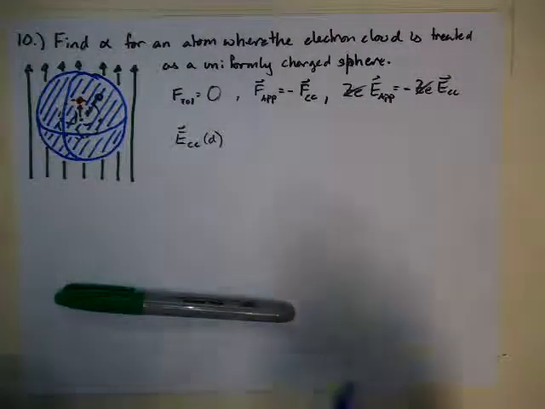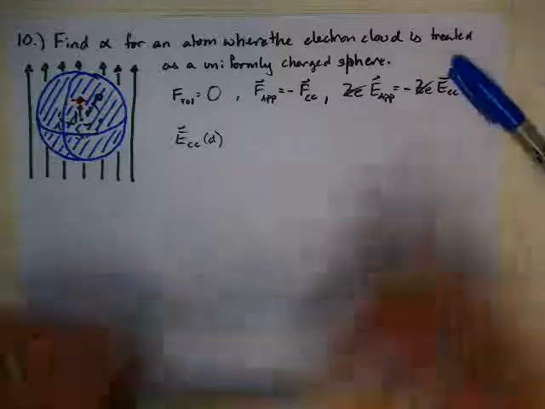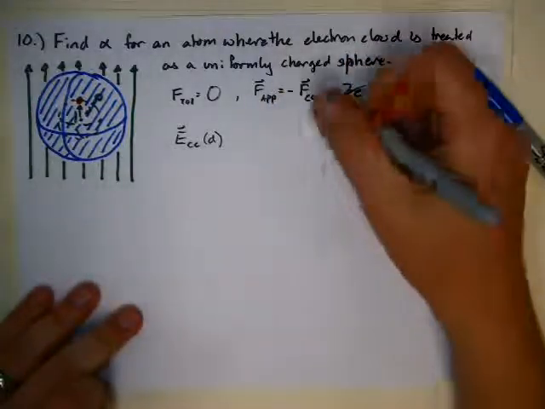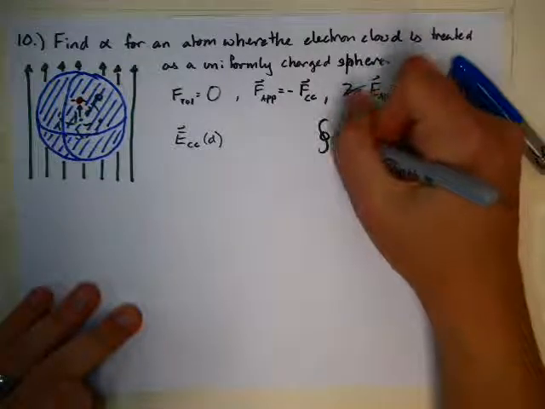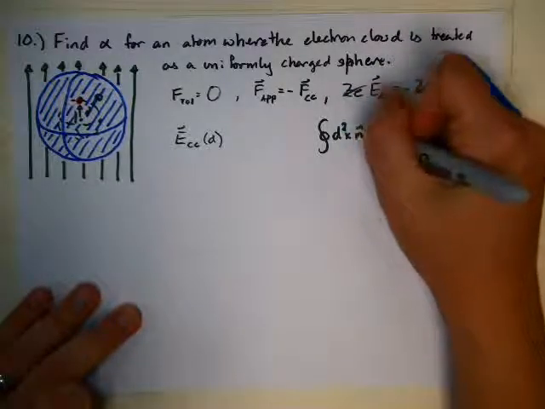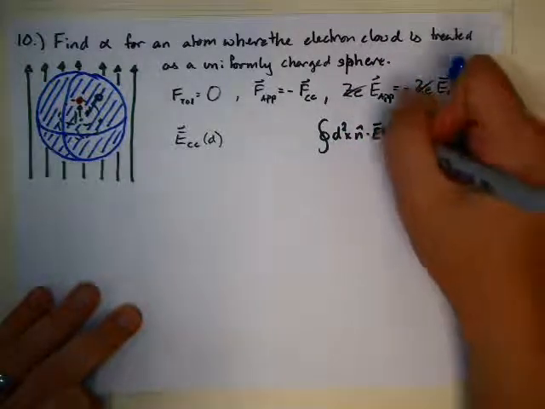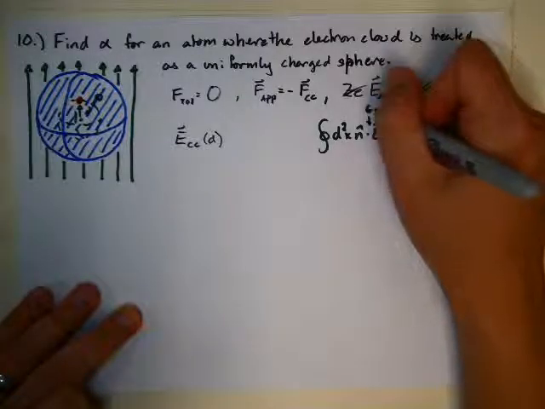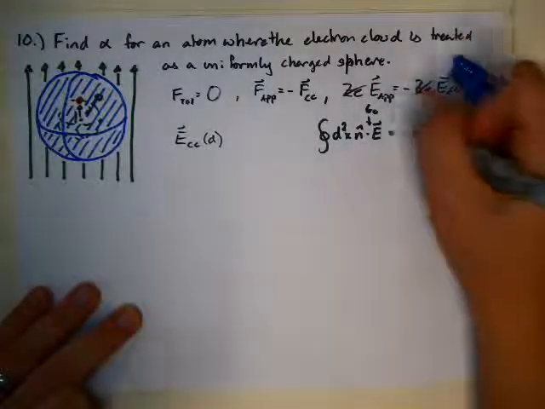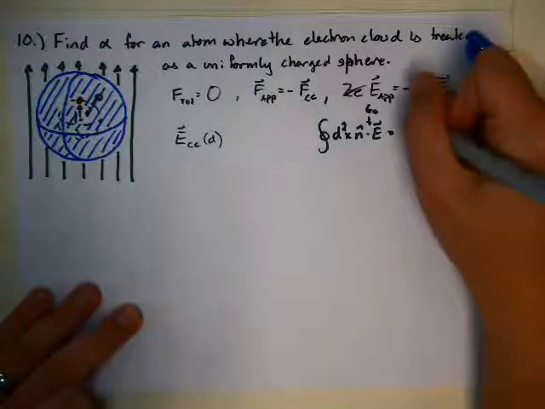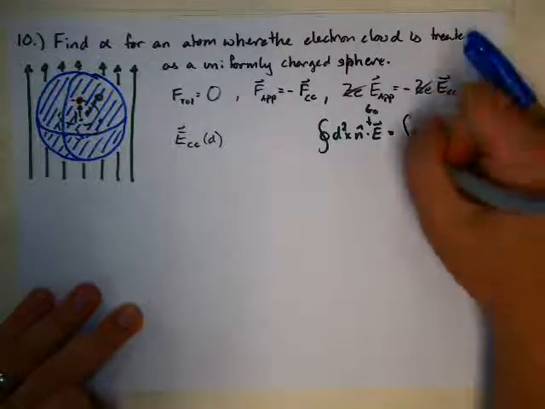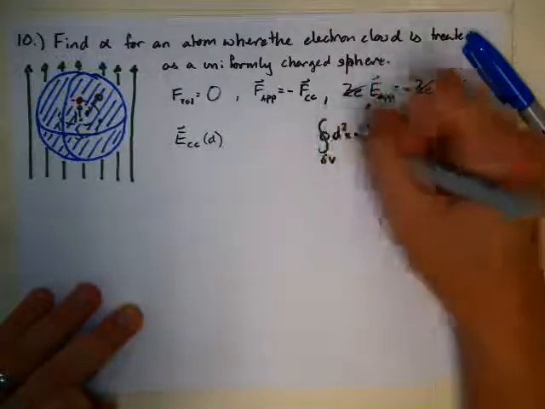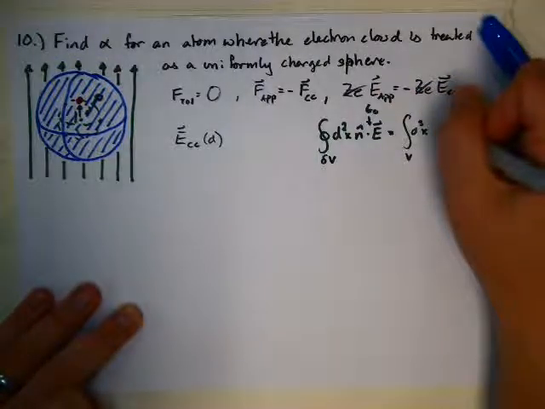Gauss's law says that the flux through the surface, the integral d2x n-hat dot E, times epsilon naught, must equal the volume integral of the charge density, d3x rho.